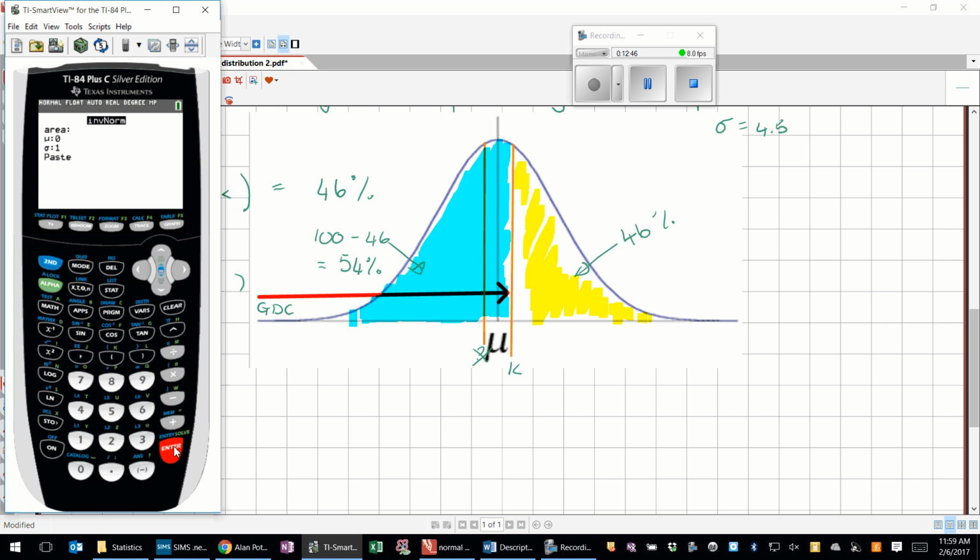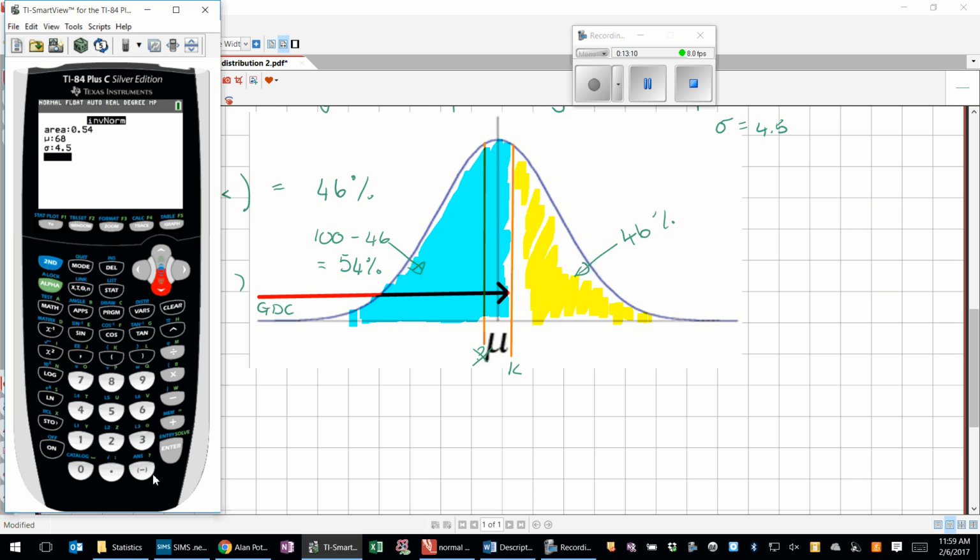How do I put the area in? If I want 54%, what do I write in? Very good, Alan. 0.54. The mean I'm going to put in, still 68. Standard deviation still 4.5. Paste that in.